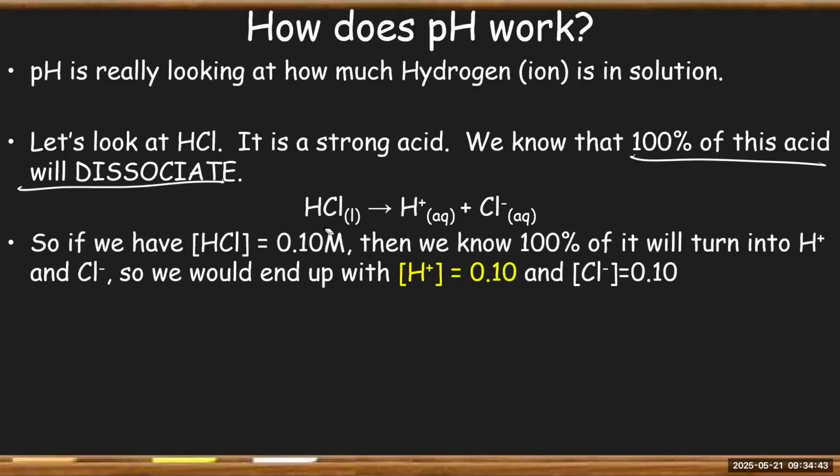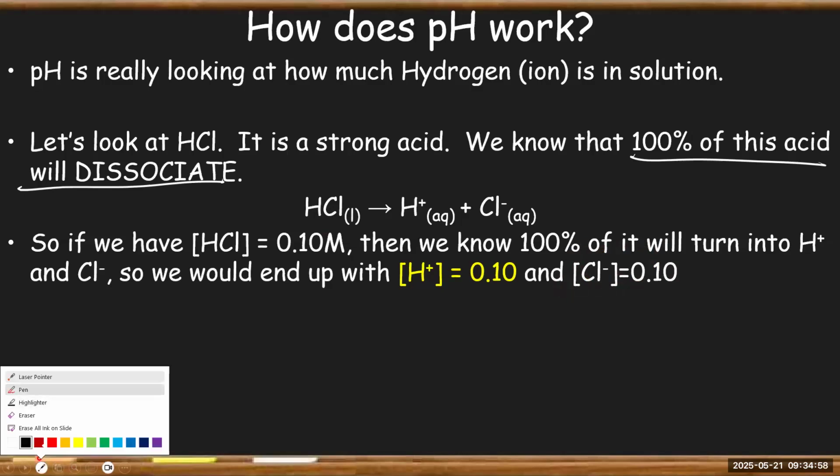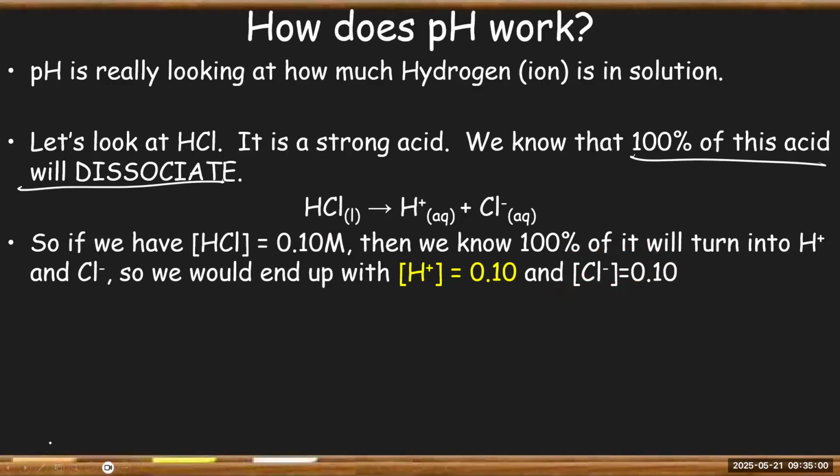So if we have HCl at 0.1 molar, then we know 100% will turn into H plus and Cl minus, so we end up with respectively that much. However, we don't care about this guy, right? Because how much does that affect the pH? Very little, because remember, HCl, strong acid or weak acid? So what's Cl minus?